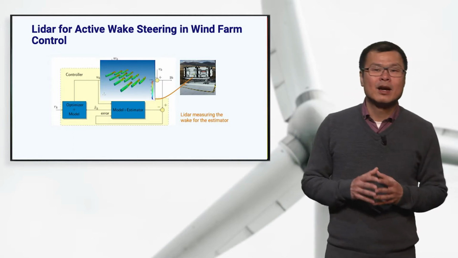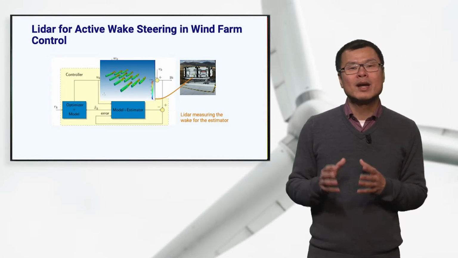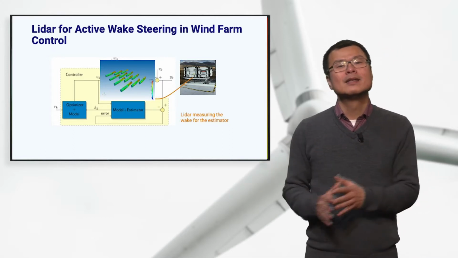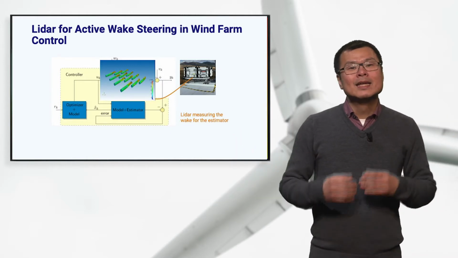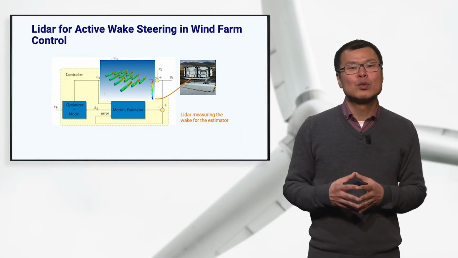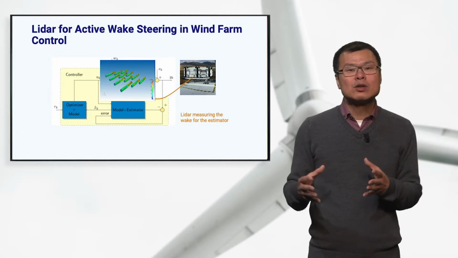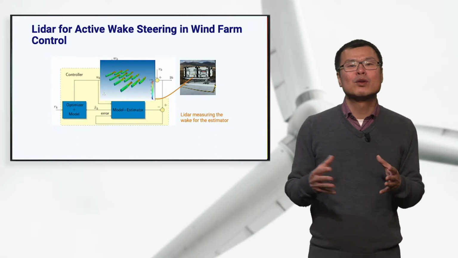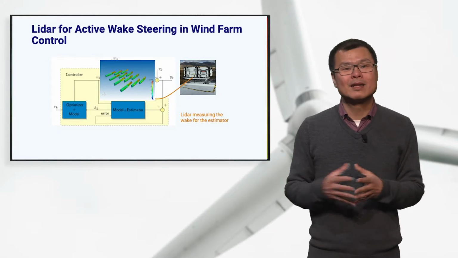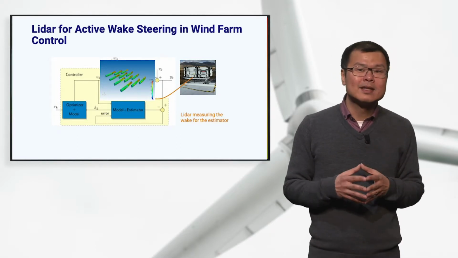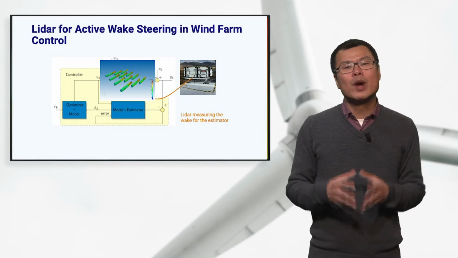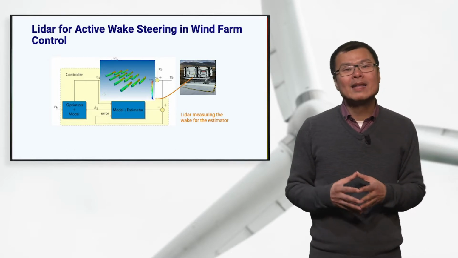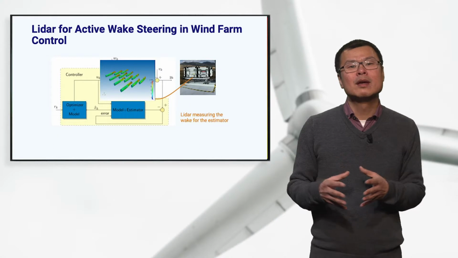By using LiDAR, we can get an idea of where the wake is actually going, the size of the wake. This is valuable information for the wind plant controller, because this will close the loop of the control by using the information identified by the LiDAR. In this case, the LiDAR can estimate where the wake center is, and this can make the wake steering more precise.